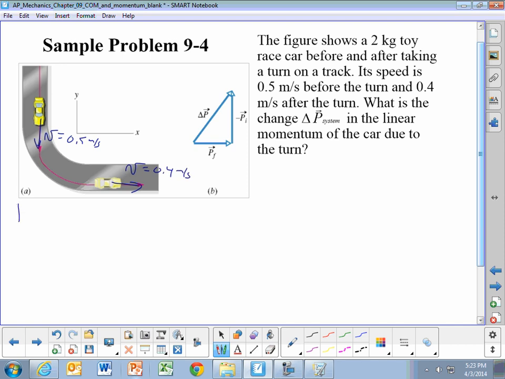Initially, in the x direction, there's 0 momentum. And the momentum in the y direction is going to be 2 kilograms times negative 0.5 meters per second. Again, it's negative because it's moving downward. I'm going to make up positive and to the right positive. So this is negative 1 kilogram meter per second.